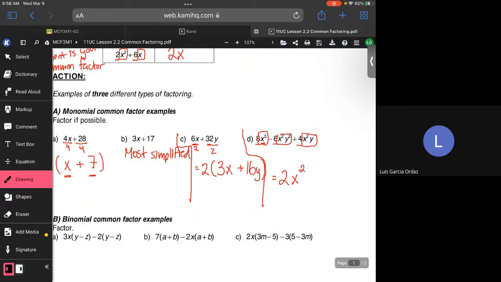So y is not a common factor because 8x cubed does not have a y. So that means I need to divide everything by 2x squared.